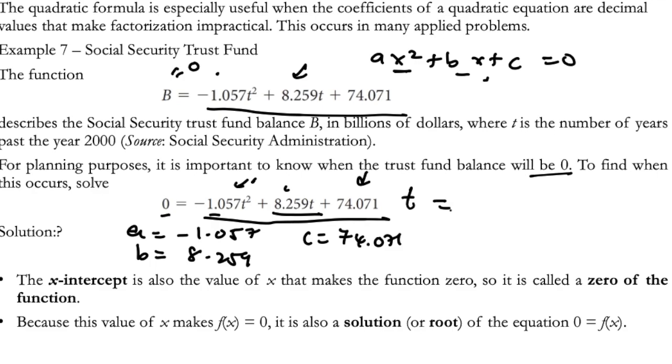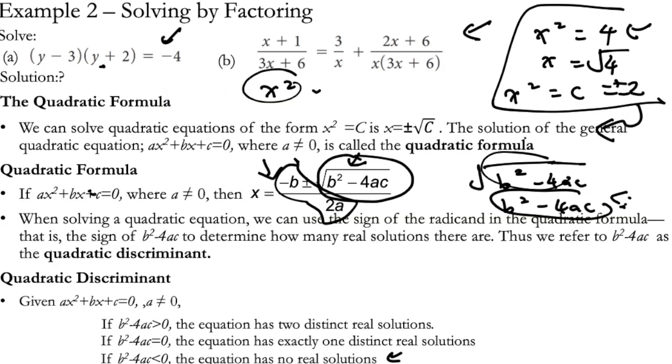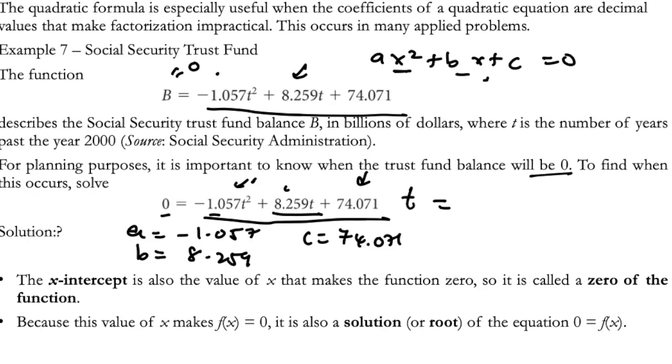So if you want to find t, we know that the formula given is this one. How do we find it? Now here, t is therefore minus 8.259 plus minus square root of 8.259 squared.